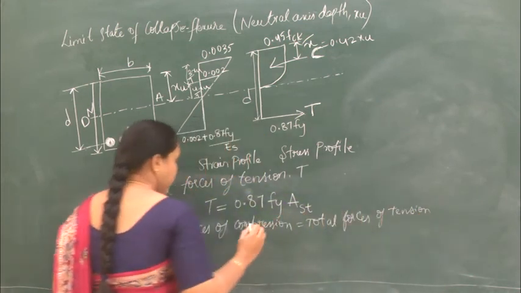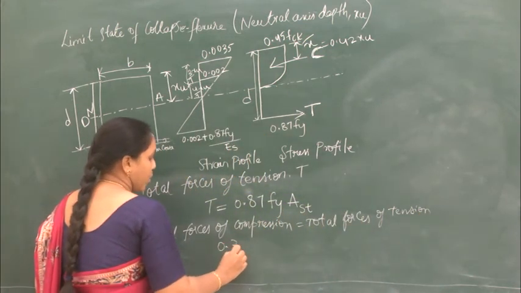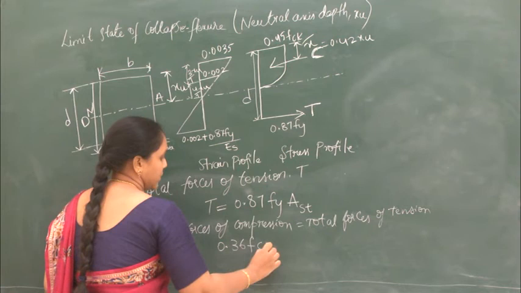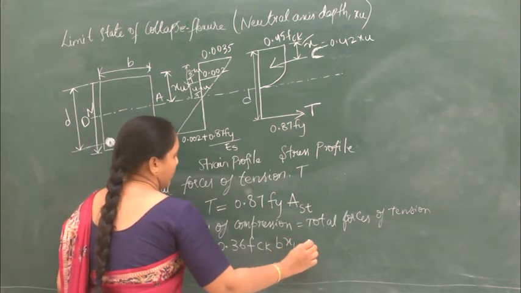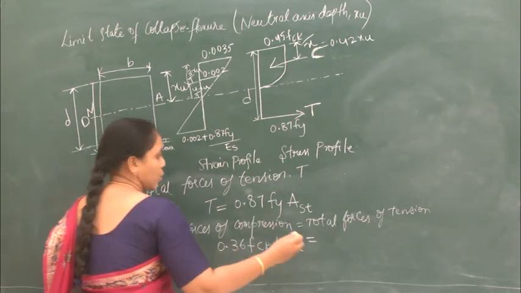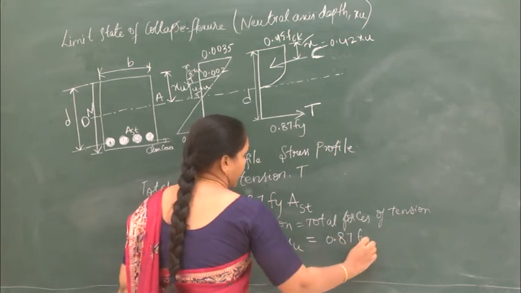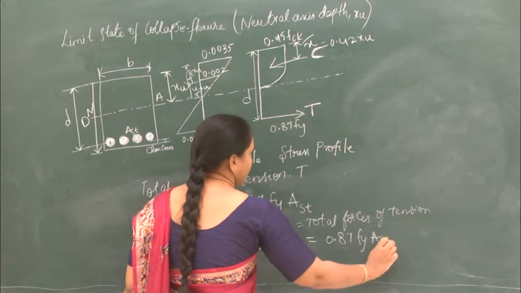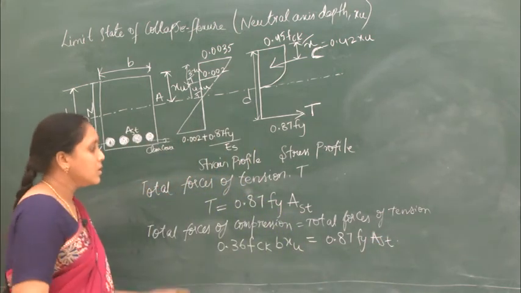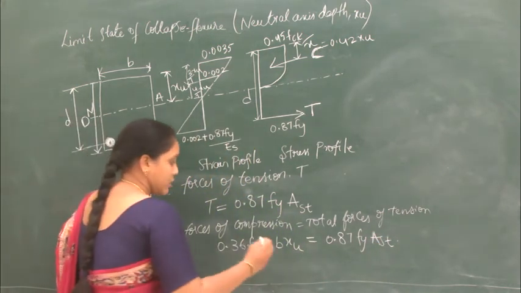So what is the total force of compression? It is 0.36 FCK B into XU, which will be equal to 0.87 Fy into AST.